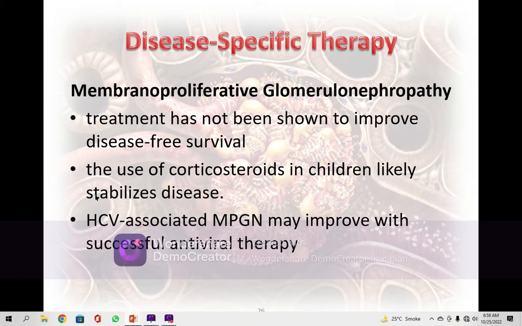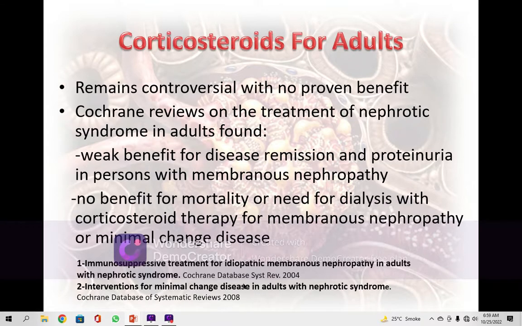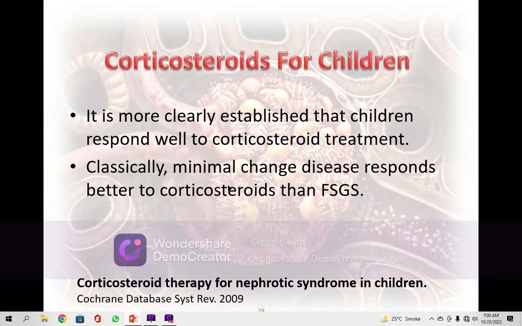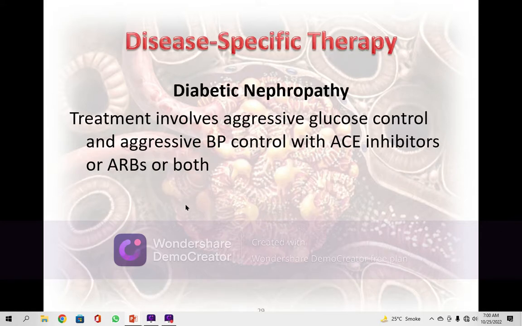If chronic hepatitis C is there, along with this you go for the specific therapy for chronic hepatitis C. Again, the role of steroids in adults remains controversial, and rather than steroids alone, immunosuppression with the steroids gives better results. Children respond more to monotherapy with the steroids.